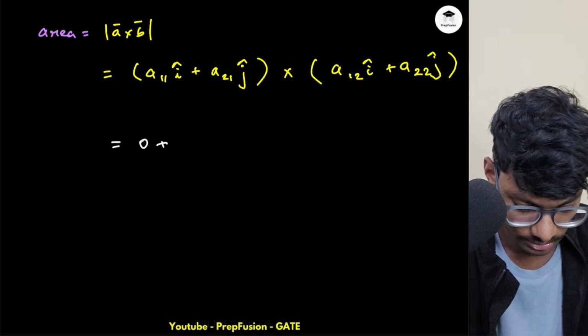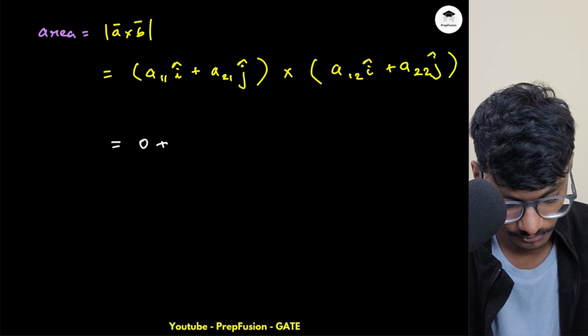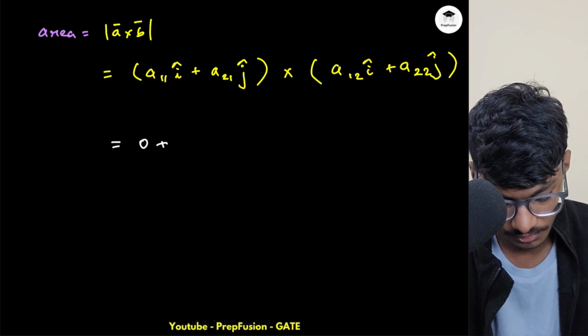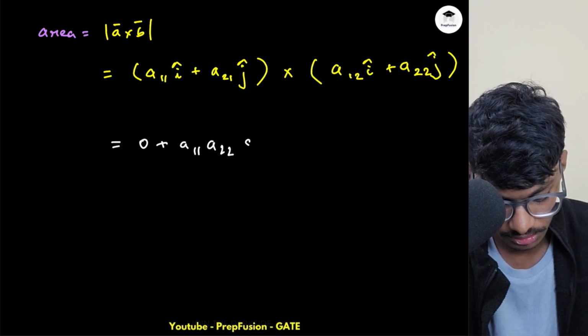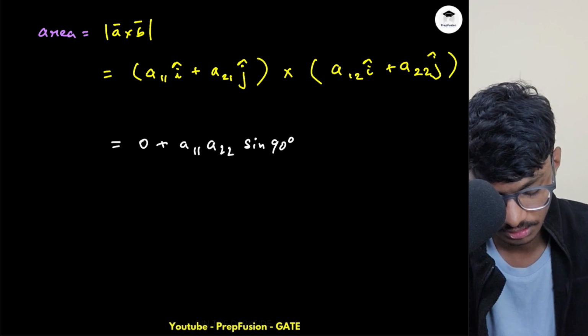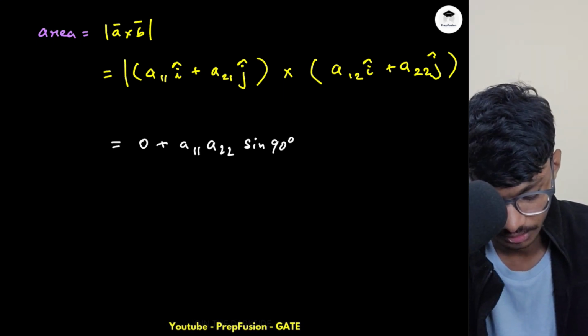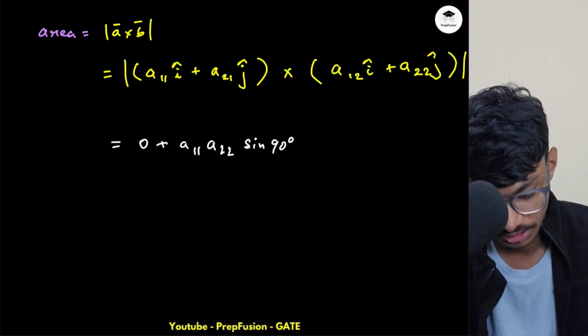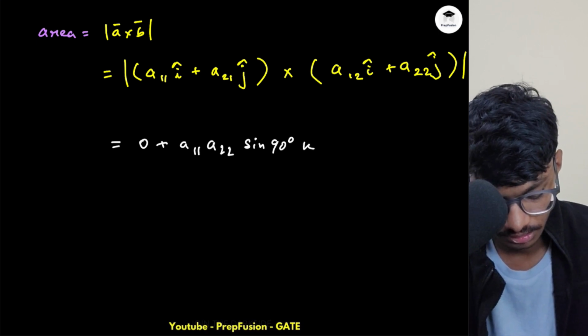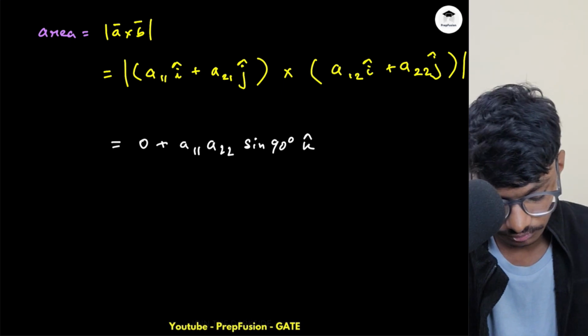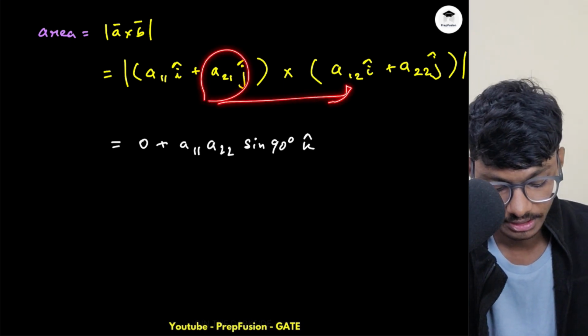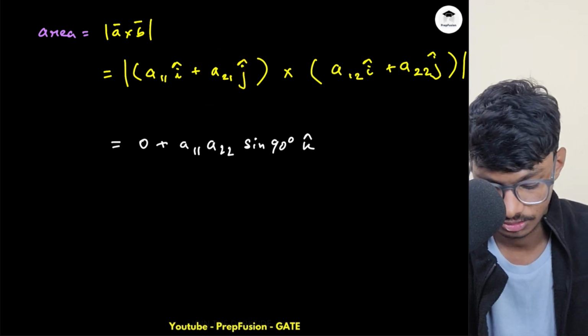So let me write this: I cross J will be A11 A22 and sine 90. We're interested in the magnitude here, so sine 90, in the K cap direction. I cross J is K cap. Now J cross I is minus sine 90, so this will be minus K cap.